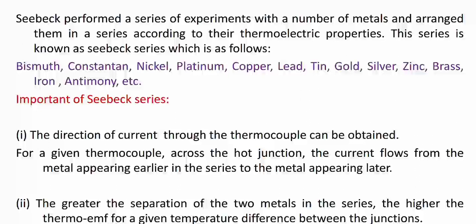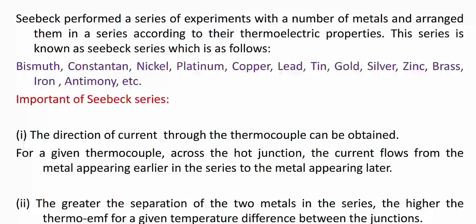Bismuth and constantan are two successive series elements, while between bismuth and iron there are other elements: nickel, platinum, gold, silver are present in between them. So if this gap is more, then higher EMF is generated with the same temperature difference.